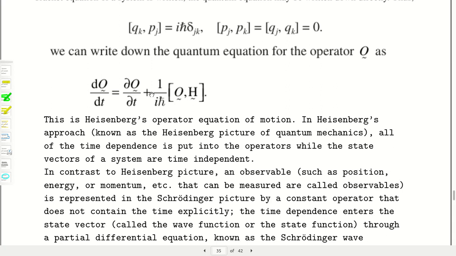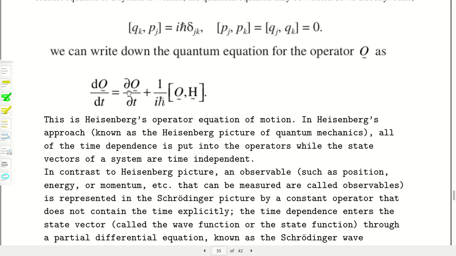Now the equation of motion, that is Hamilton's equation of motion, will assume this form in quantum mechanics, where O is an operator in place of F. Instead of dF/dt we have written dO/dt.